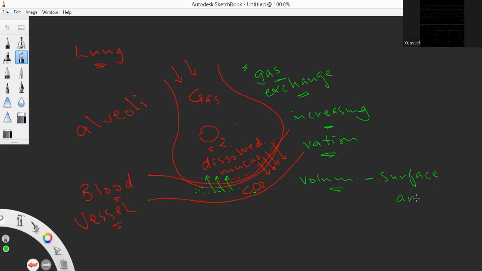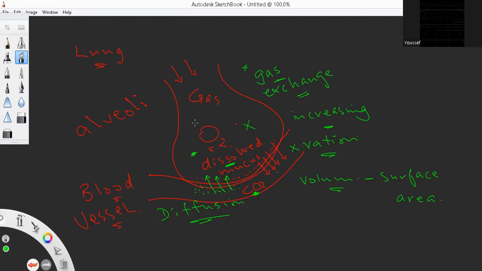This facilitates the exchange of gases between the lung and the blood by diffusion. So oxygen must be dissolved to diffuse, and the carbon dioxide must be dissolved to diffuse. Understand? Dissolved means soluble in water. Okay?